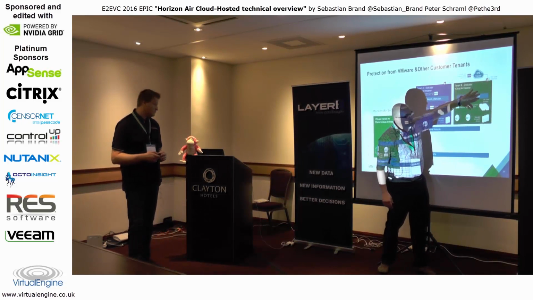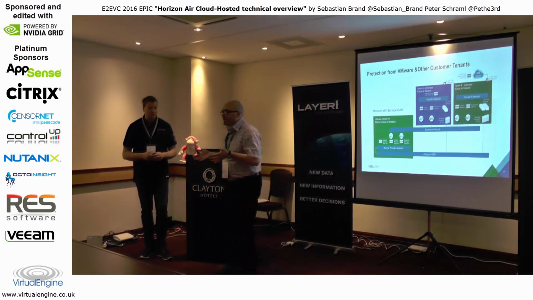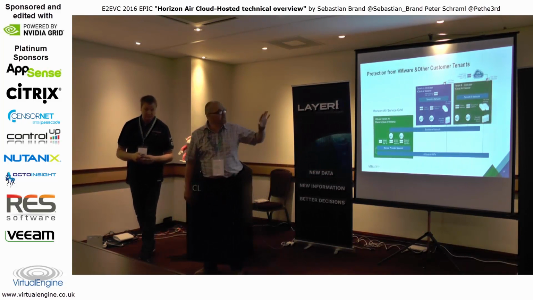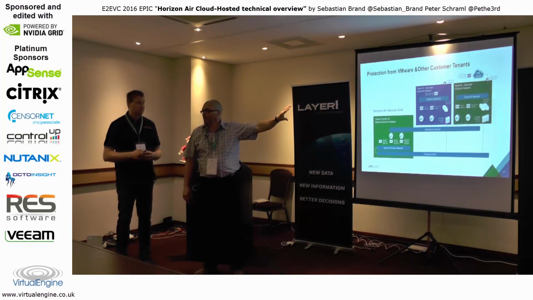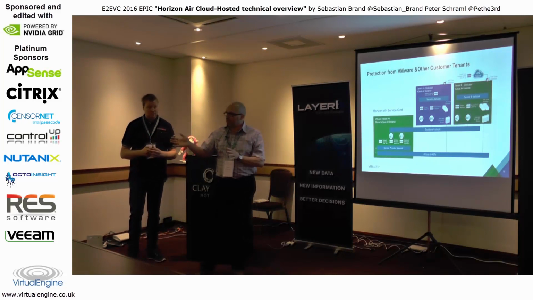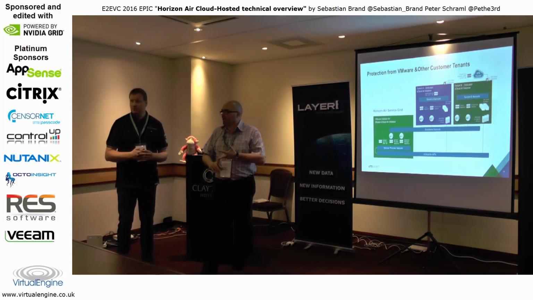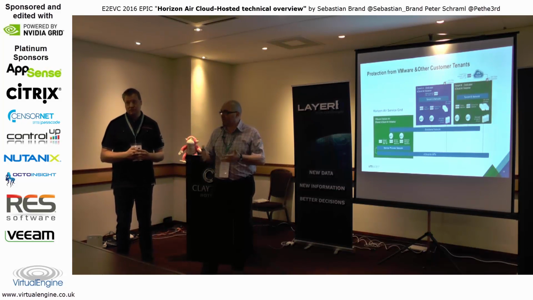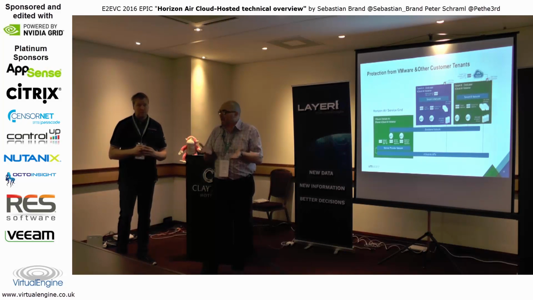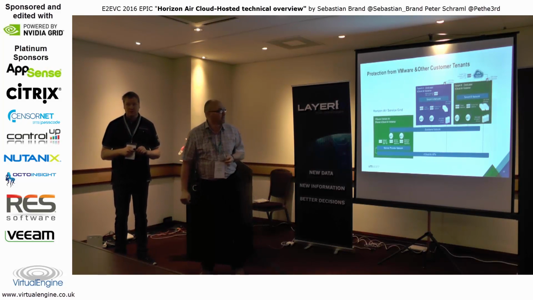So you use all your security measures, your group policies, anything that you have in your Active Directory is applied to those desktops as well. You can only access it from your premises. There is an option to also open it up to the internet, but you control the security measures around it, like RSA and Active Directory. It's your Active Directory as an extension, so we can't access that, and the customer is fully in control of the desktops.